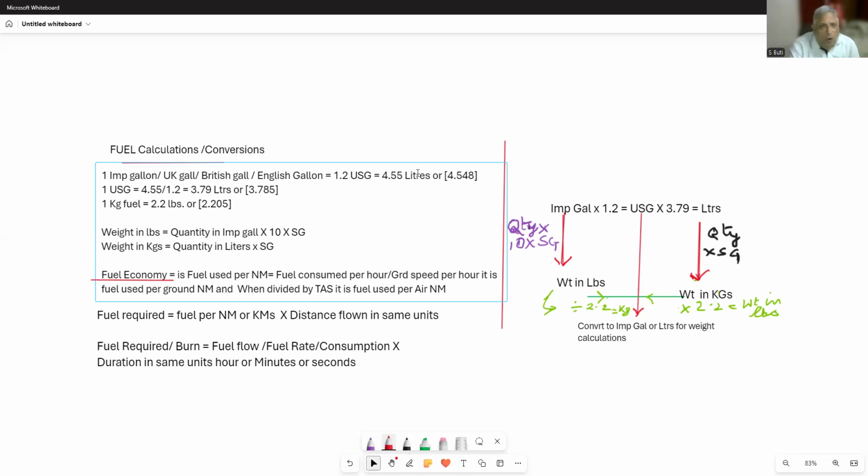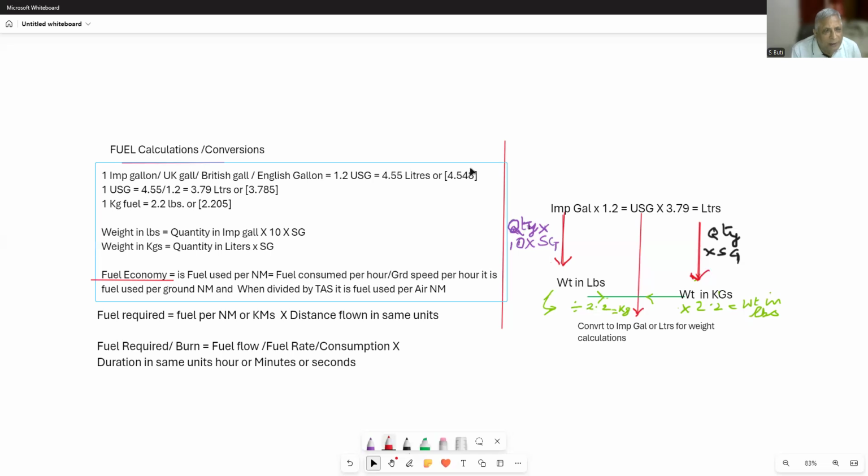Okay, now, how do we do this? And of course, these units and conversions are available in the nav calculator also. Then why should we learn it? Every time you don't have a flight calculator in your hand, if you are standing outside your aircraft and the fuel tanker has arrived, he says, sir, how many gallons?